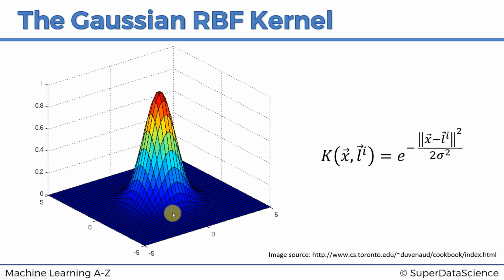If we take any other point, we calculate the distance to the landmark, square it, and divide by 2 sigma squared, where sigma is some fixed parameter that we decided upon earlier. Then we take the negative of that and put the exponent to that power, and we get this result. That's what it will look like.